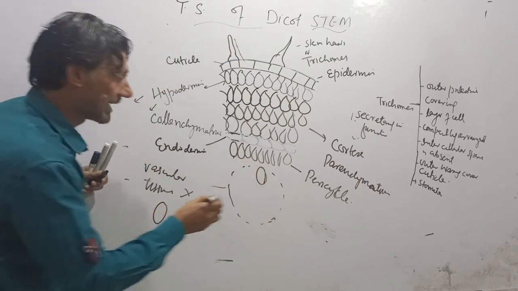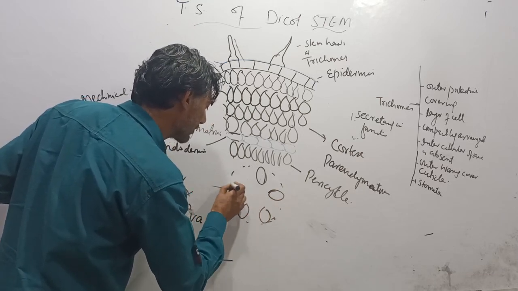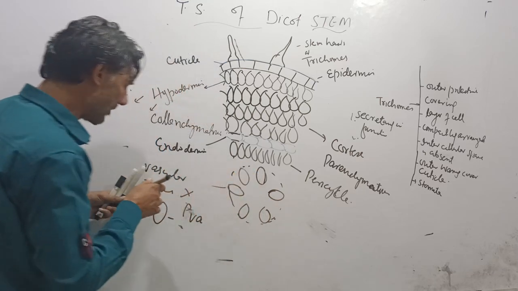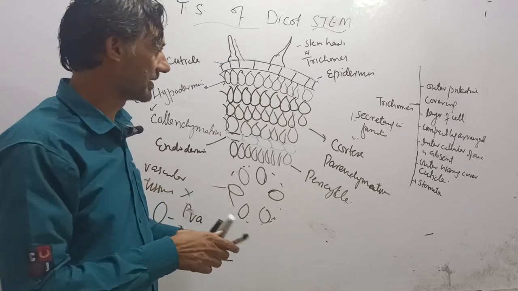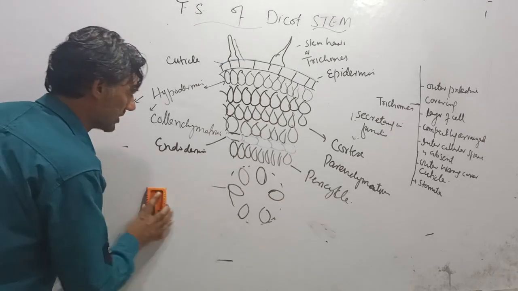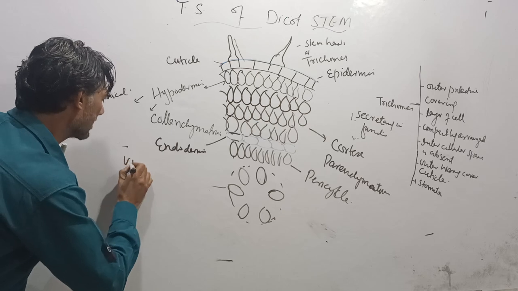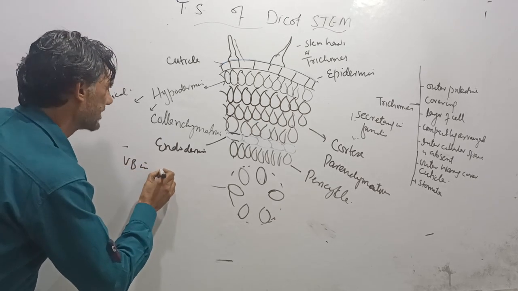In dicots, the vascular bundles are in the form of a ring. This is the pattern of vascular bundles in a dicot stem.